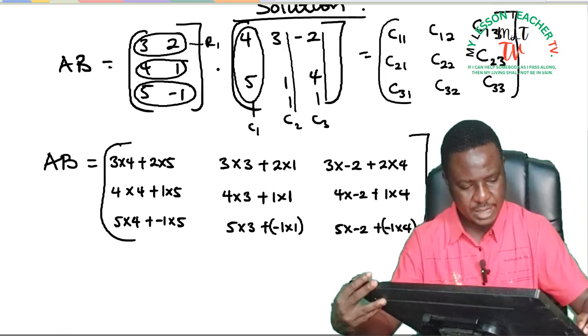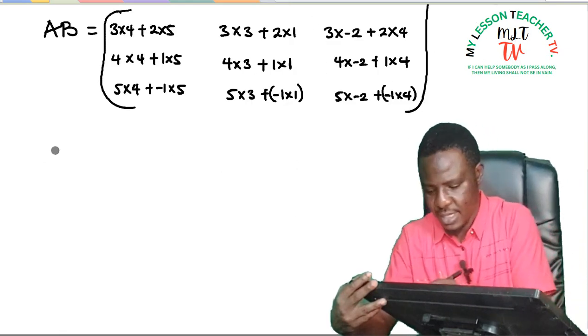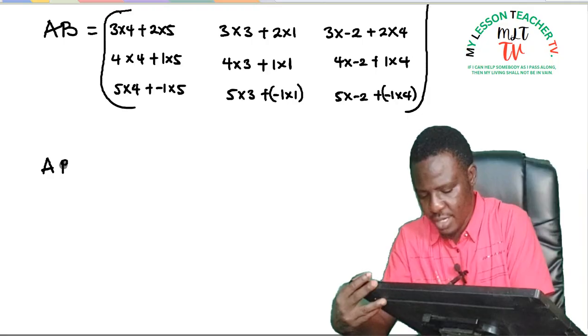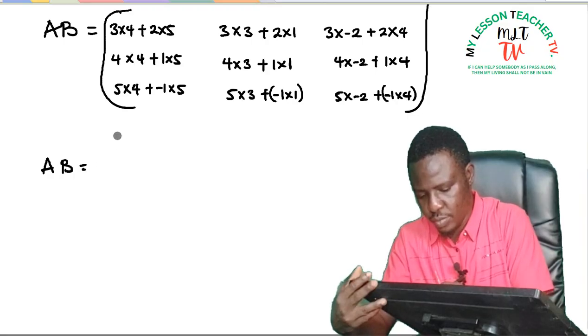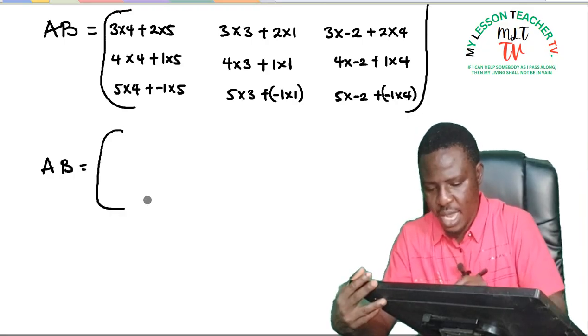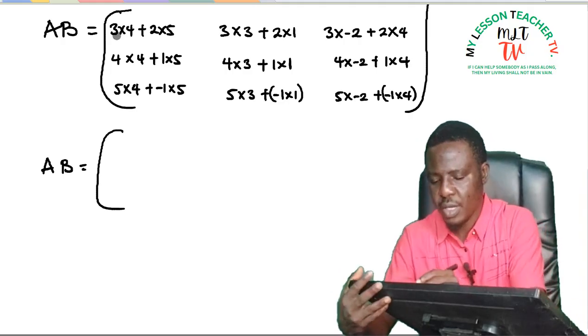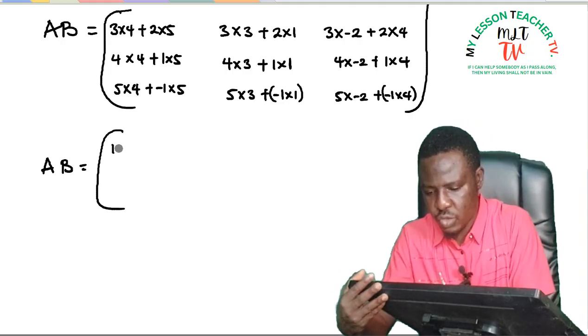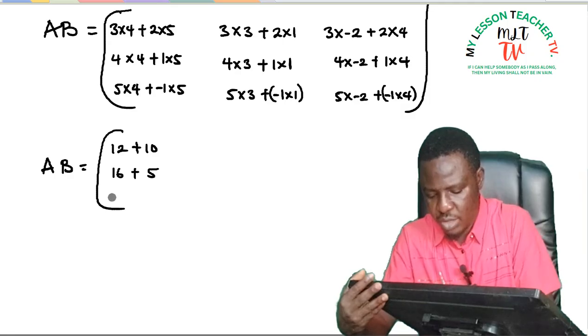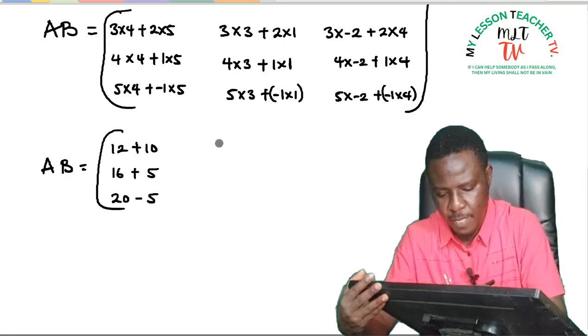So we can then simplify this. AB is equal to, I'll take it bit by bit, 3 times 4 is 12 plus 10. This will give me 16 plus 5, while this is 20 minus 5.